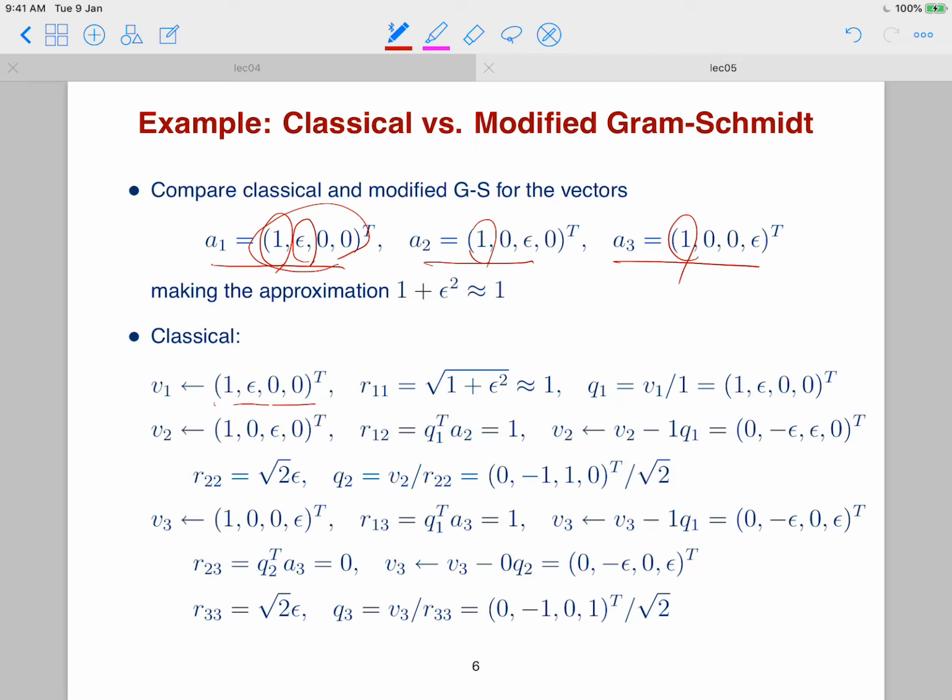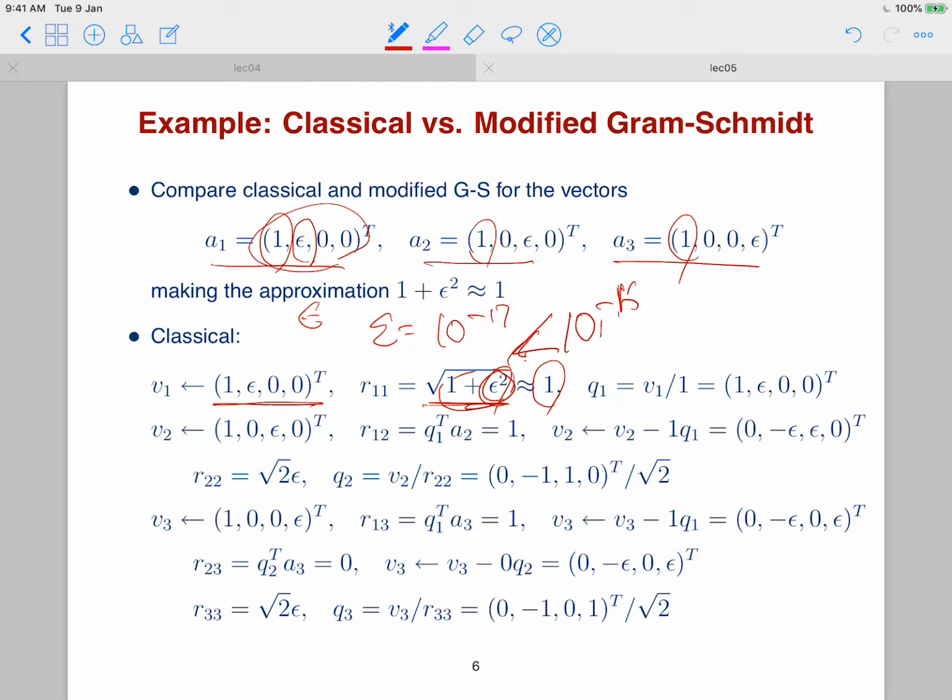So this vector is first normalized. Epsilon is maybe 10 to the negative 17, and through our floating point operation, this will be computed as just 1, if epsilon squared is less than 10 to the negative 16.